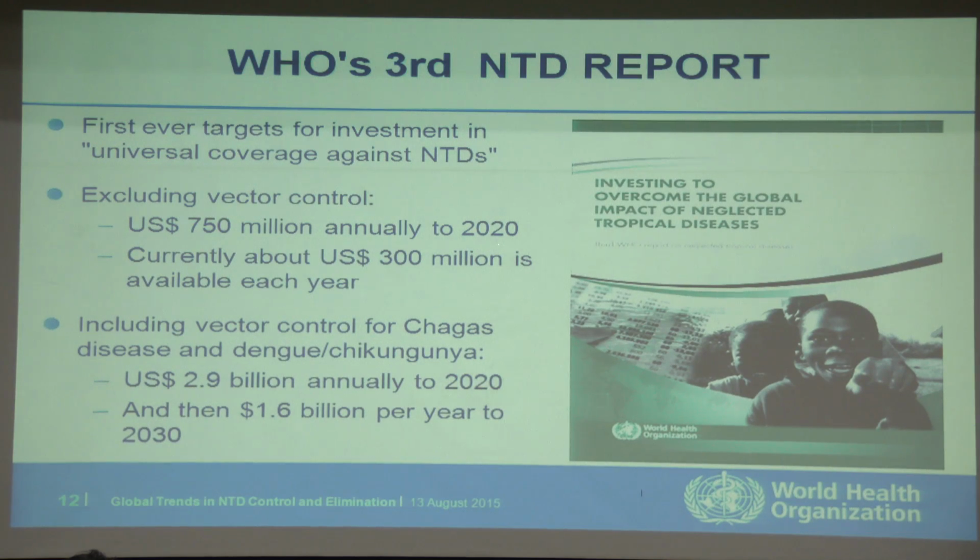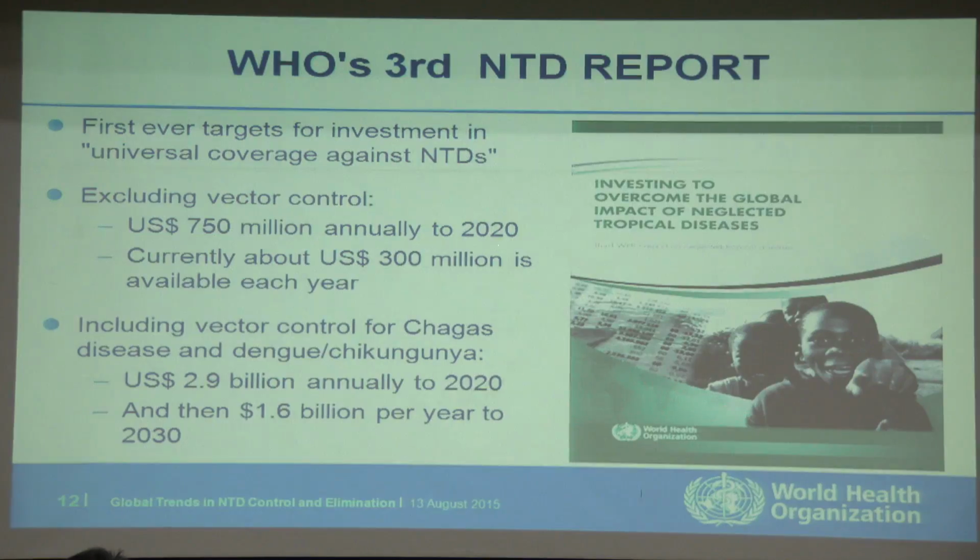And it's estimated that, excluding the vector control component, which I'll go into in a moment, about 750 million US dollars are thought to be targeted until 2020 to scale up, in particular, the preventive chemotherapy interventions. And this is a significant increase over the current level of 300 million US dollars that is being provided by major international donors.